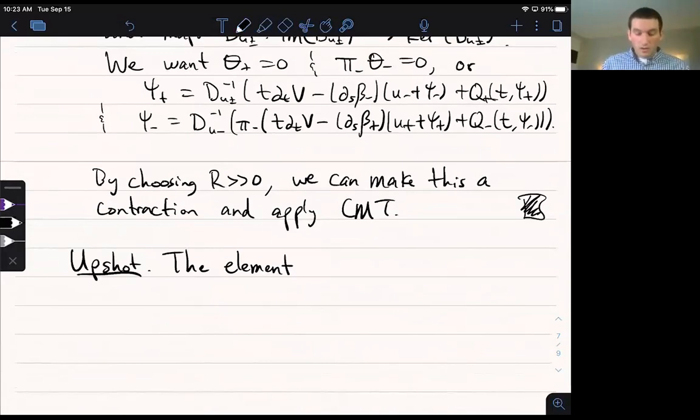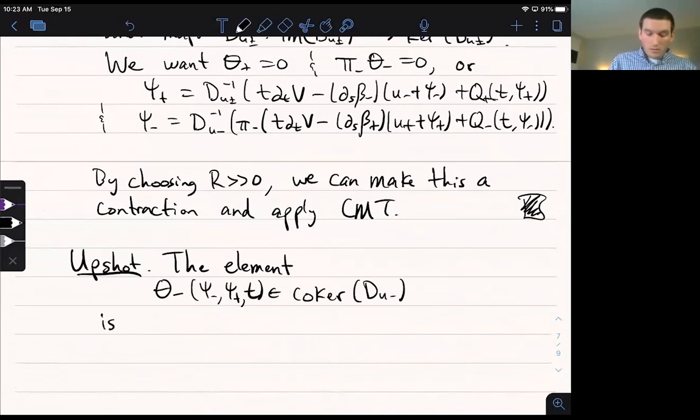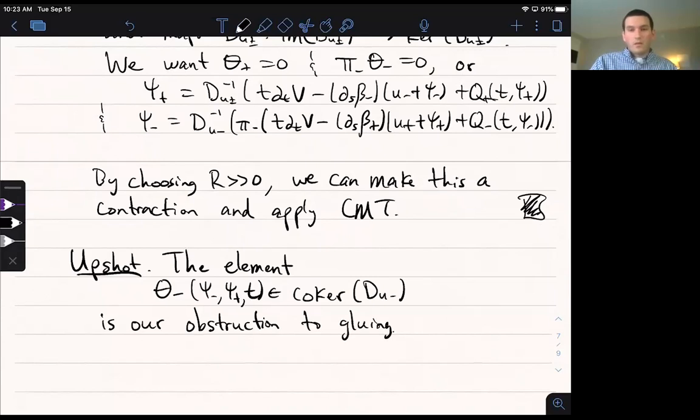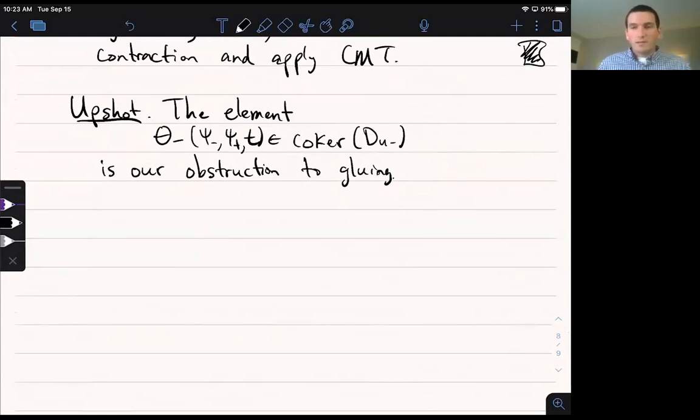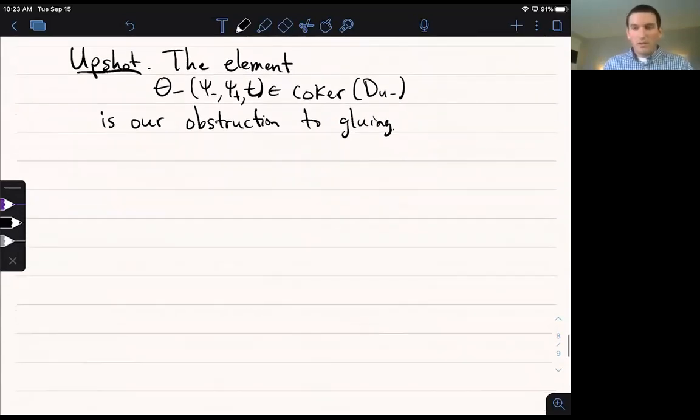All right, so the upshot is that in any case, theta minus is going to be our obstruction. If it vanishes, then we can glue, and if it doesn't, then we can't. So now we can draw a picture, which I'm given to believe is quite important. So I'm not sure why they left it for me to draw, but I will. And hopefully it's helpful. So we can now build our obstruction bundle.